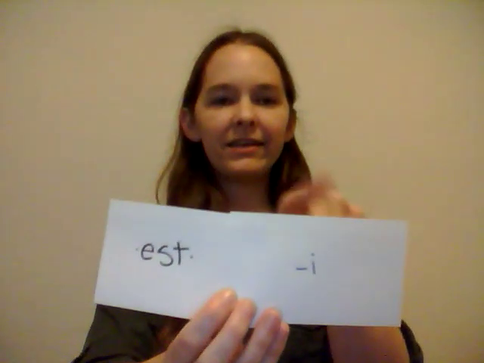Next, we have verbs. All infinitive verbs end in the letter I. An infinitive is like to be, to do, to help. So, to be is esti. To love is ami.